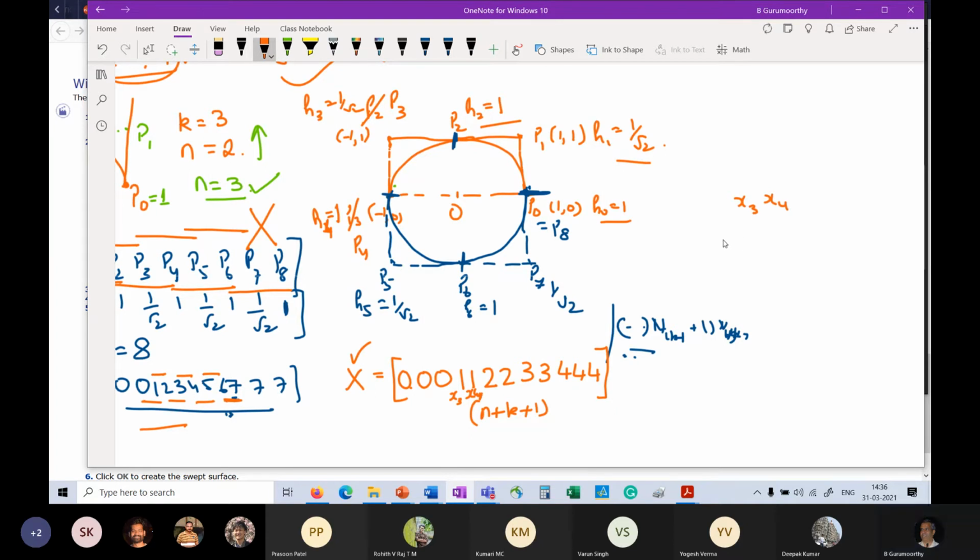Now we know that N j,1 is 1 only if xj is less than or equal to u, which is less than xj plus 1. Right?